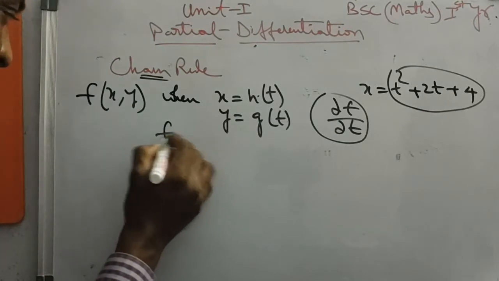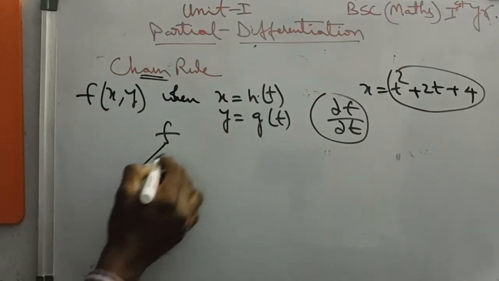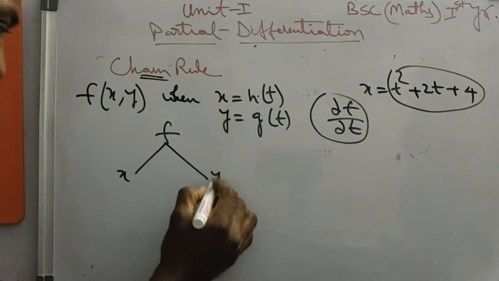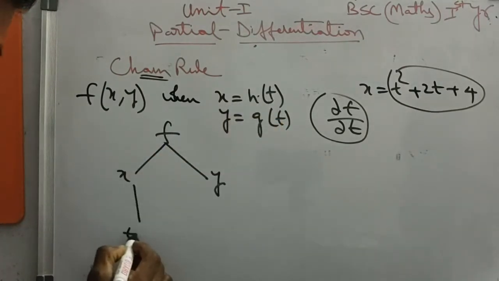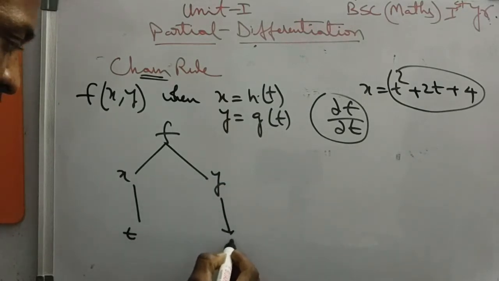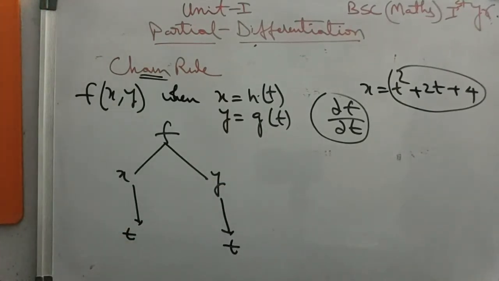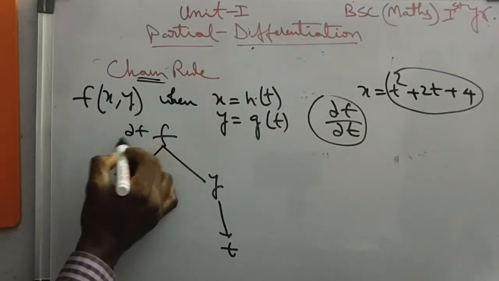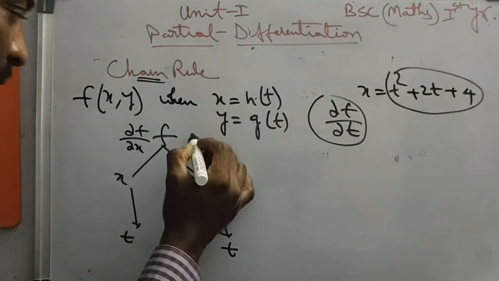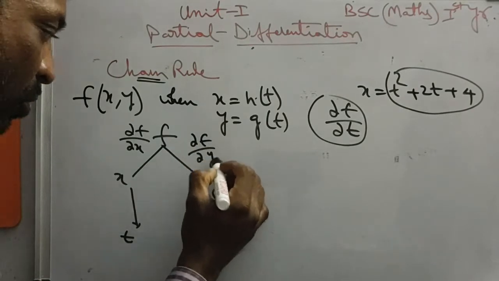A function f is given, a function in terms of x and y. x is in terms of t, and y is also in terms of t. The way of writing here is, firstly, the two terms I write as dou f by dou x and dou f by dou y.